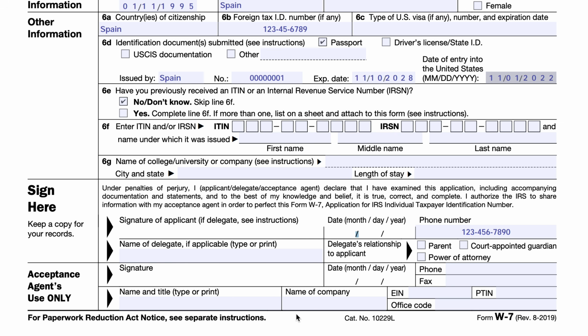A certifying acceptance agent can verify original documents and certified copies. For dependents, a certifying acceptance agent can only verify passports and birth certificates, and they can return that document immediately after reviewing it.